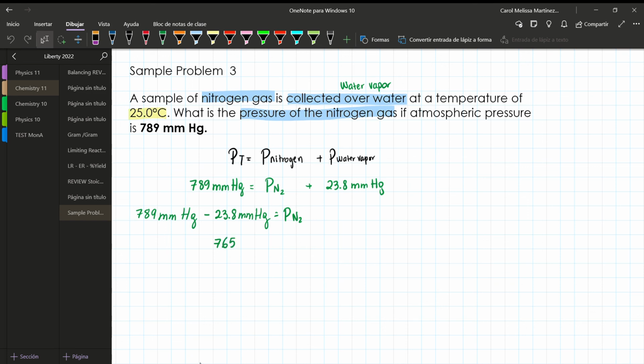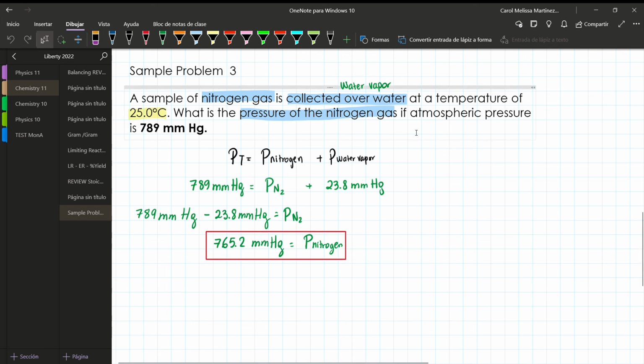Okay, 65.2 millimeters of mercury is equal to the pressure of my nitrogen gas. Okay, that's it for the partial pressure. I don't think I need to explain more than that.